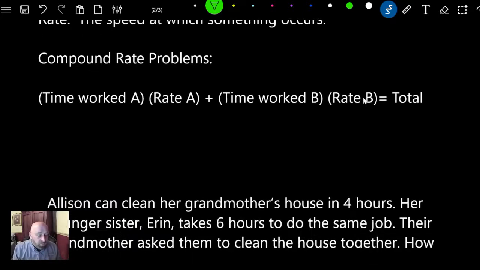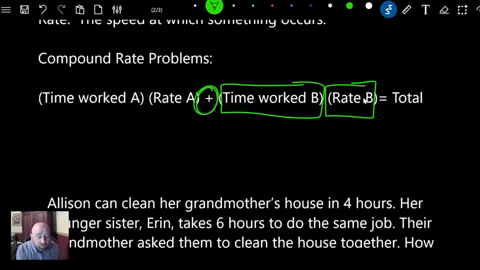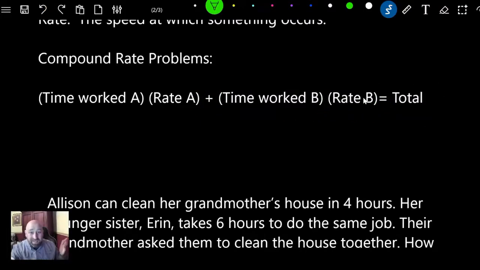Here's the way that you solve these for the most part. Time worked of person A times the rate of person A, plus the time worked of person B times the rate of person B, and that's going to equal the total of whatever is being done.